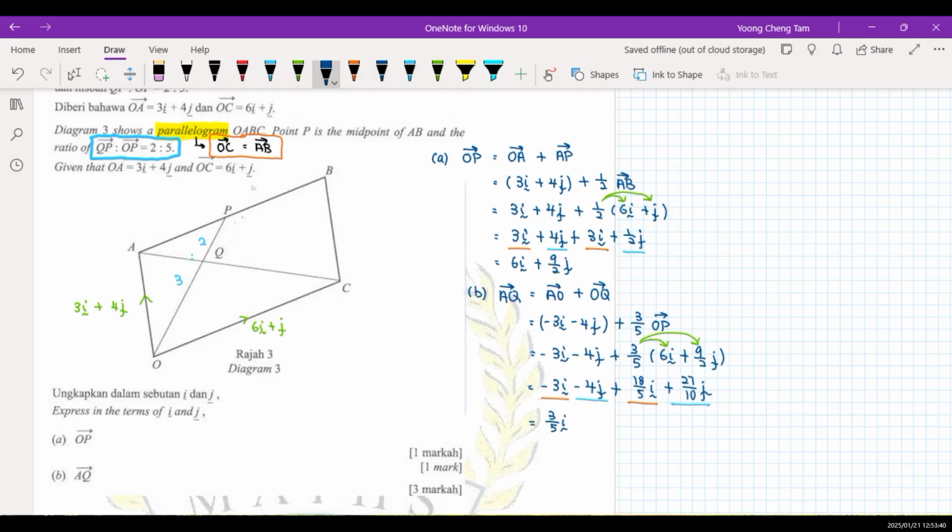So minus 4 plus 27 over 10, you get negative 13 over 10j. Alright, so that's the answer for question B. Vector AQ is equal to 3 over 5i minus 13 over 10j.